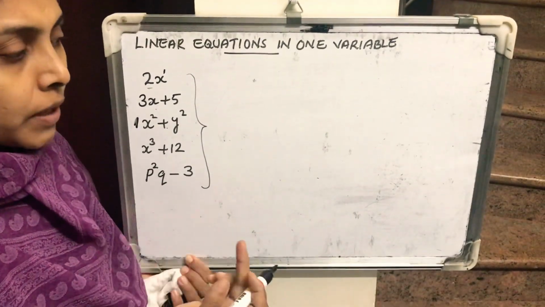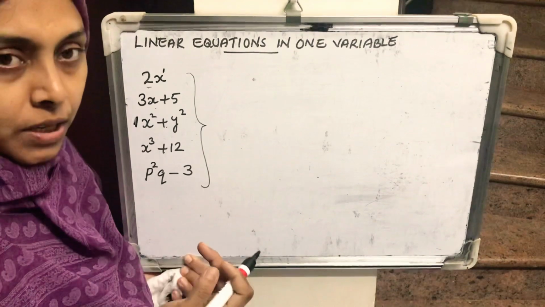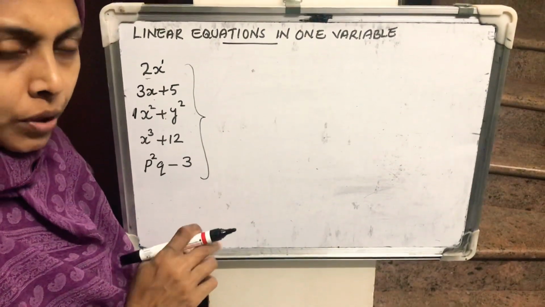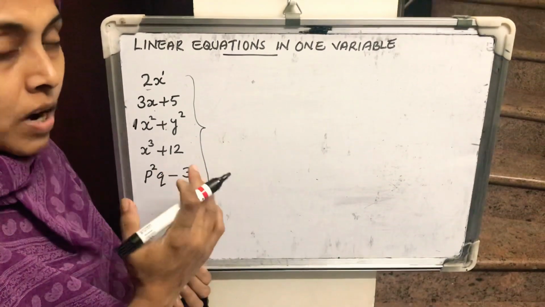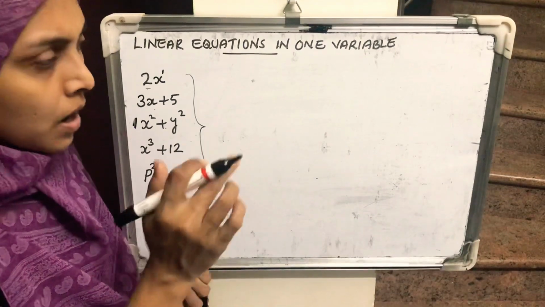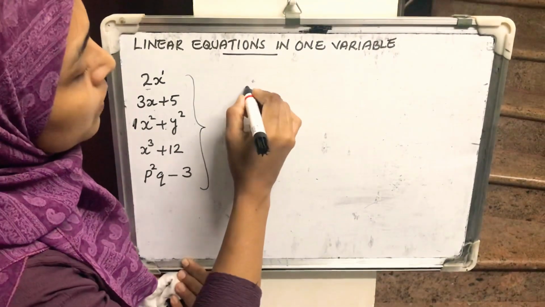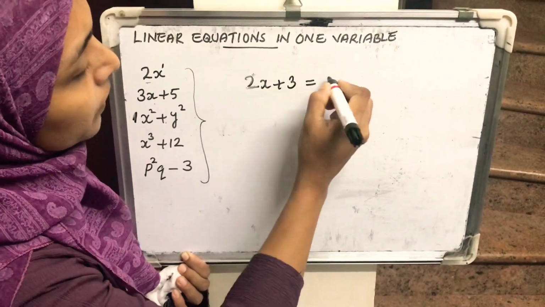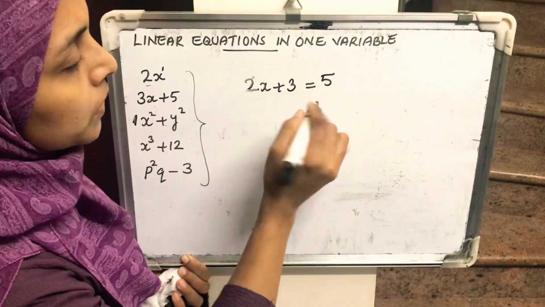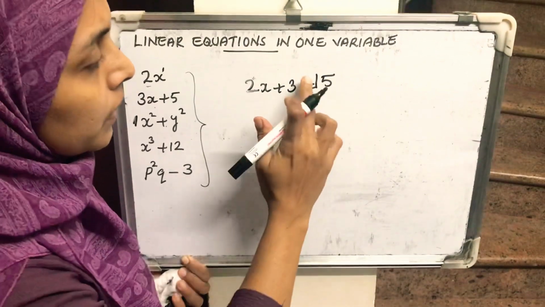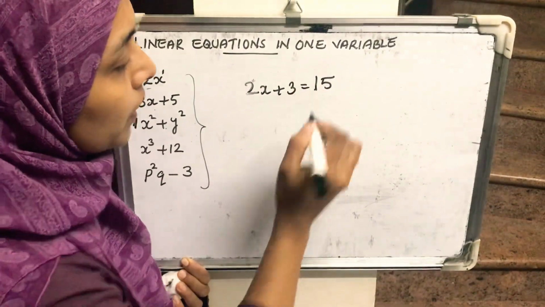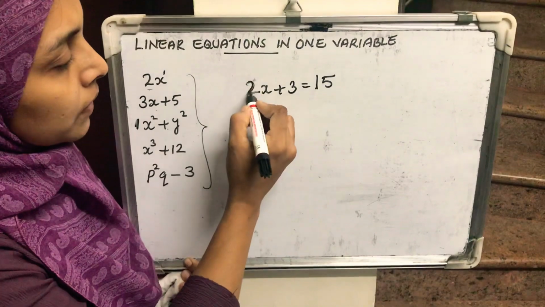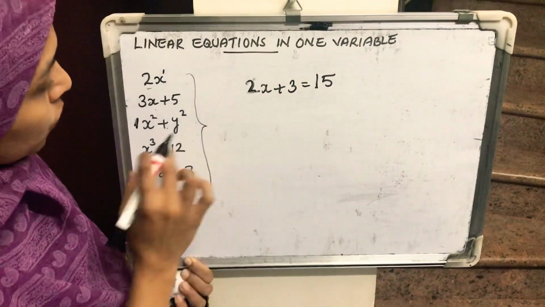Now what is the difference between an algebraic expression and an equation? Do you think about it? I write another expression like this: 2x plus 3 equal 5, or 15, anything like that. What is the difference here?